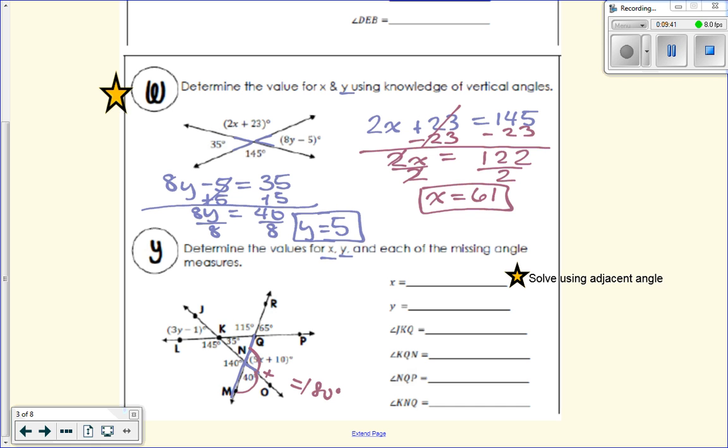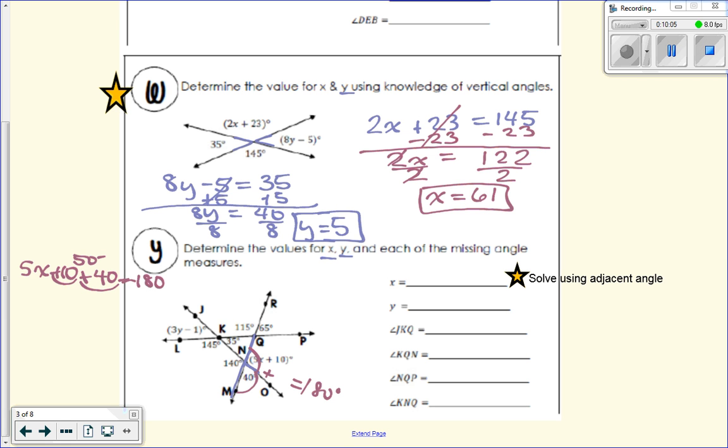So let's set that equation up. We should have 5x plus 10 plus 40, which is the adjacent angle, equals 180 degrees. And we can combine 10 and 40, which is 50, right?